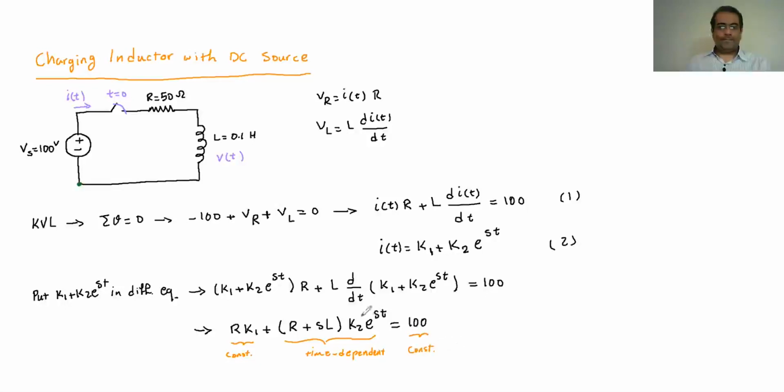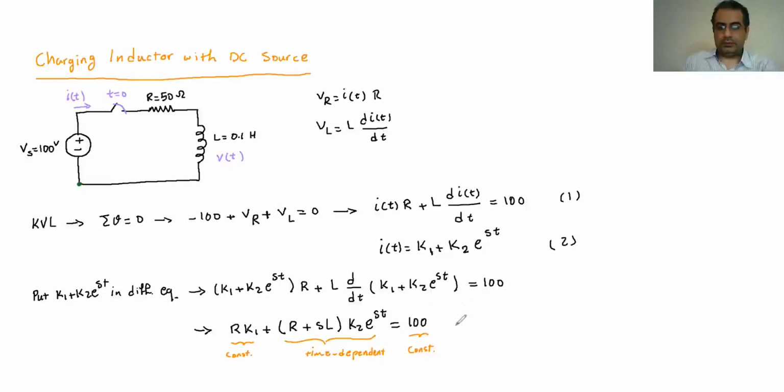So here, if I want to satisfy this equation, this time-dependent term should be 0, because if it's not 0, there's no way that you can satisfy this equation. If you have one term that keeps changing over time, and these two values are constant, it's never going to be satisfied. The only way that this is going to be satisfied is that the time-dependent term should be 0.